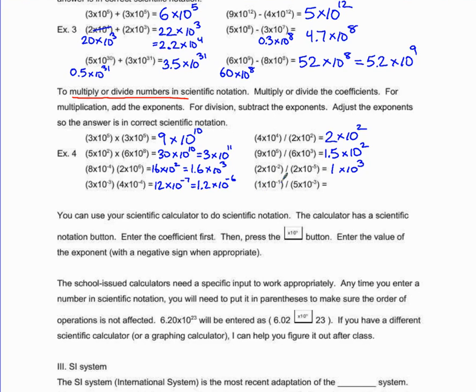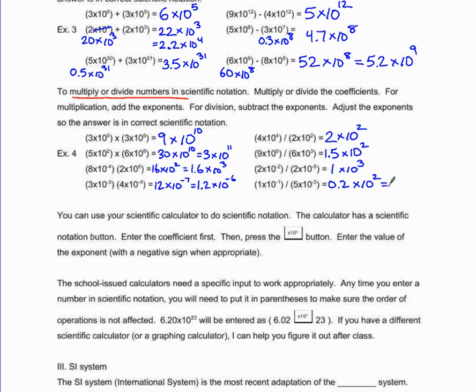1 times 10 to the negative first divided by 5 times 10 to the negative third. So we have 1 divided by 5, that's 0.2, times 10, we have negative 1 minus negative 3, or negative 1 plus 3. So the exponent is 2.